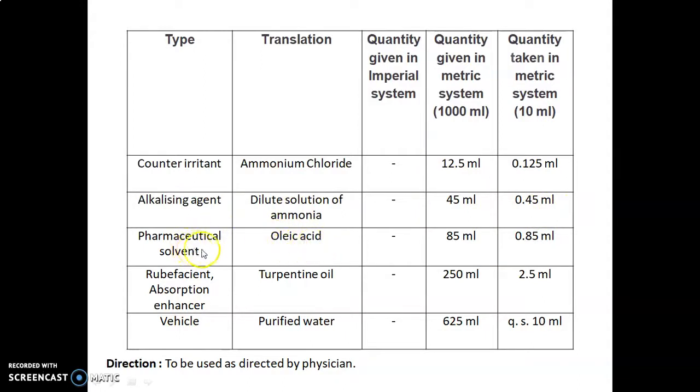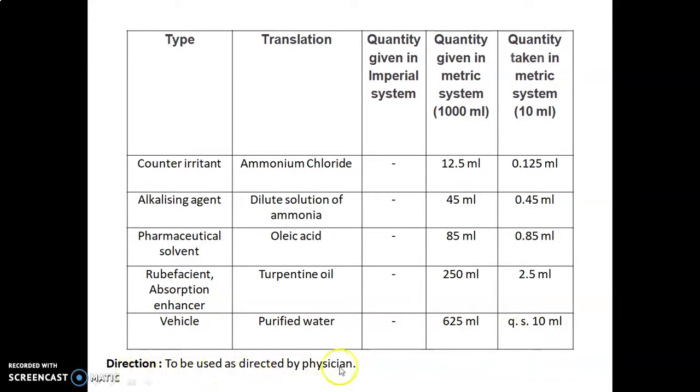Oleic acid, a pharmaceutical solvent, given as 85 ml, so the quantity taken is 0.85 ml. Turpentine oil, used as a rubefacient and absorption enhancer, given quantity is 250 ml, so taken 2.5 ml. Purified water, used as a vehicle, quantity given 625 ml, so we use quantity sufficient to prepare up to 10 ml.